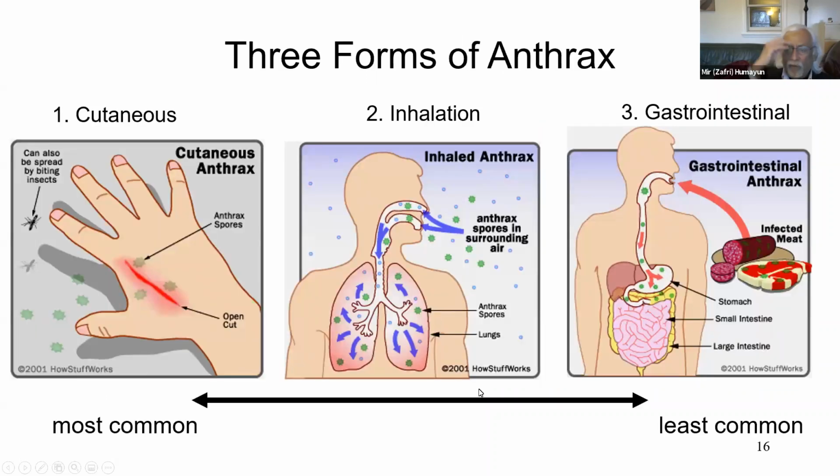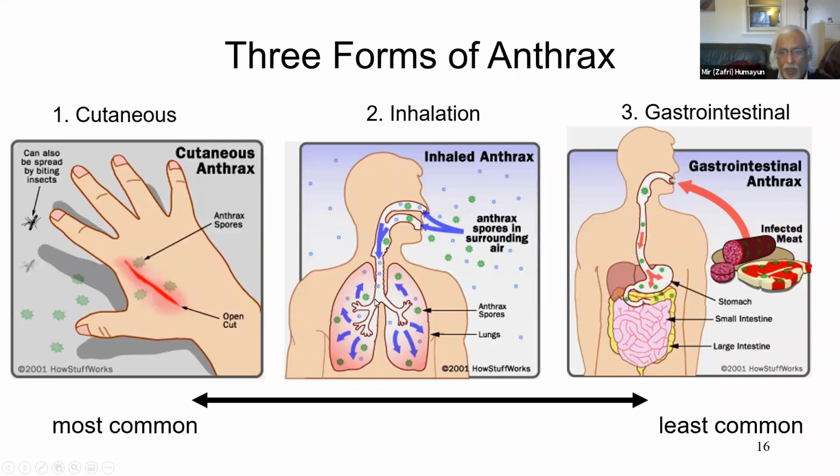Okay. There are three forms of anthrax that are referred to. The most common is the cutaneous. The least common is gastrointestinal. The cutaneous form is the situation where spores germinate typically in something like an abrasion or a cut in the skin, and they produce toxin locally, which then has activity that is often lethal. The inhaled form of anthrax is what happens when you inhale spores that germinate in the lungs and produce toxin.